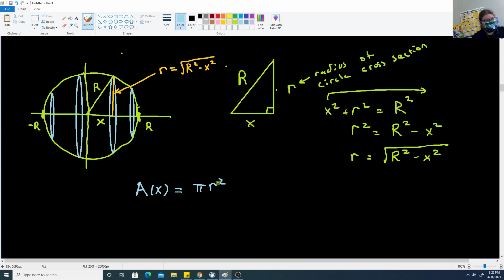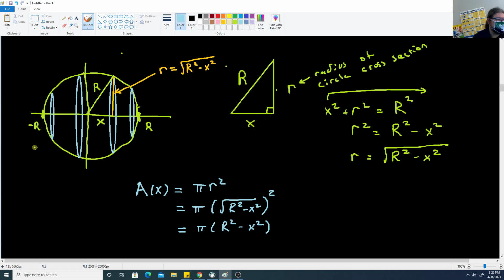And we just said little r is the square root of capital R squared minus x squared. So it's pi times the square root of R squared minus x squared, squared. The square gets rid of the square root, so this is pi times R squared minus x squared for our cross-sectional area. And so now we have our equation for our cross-sectional area.